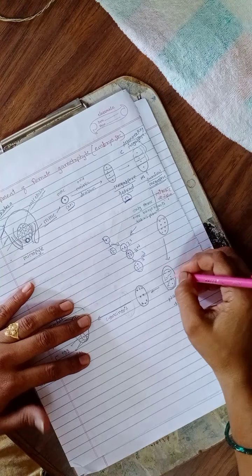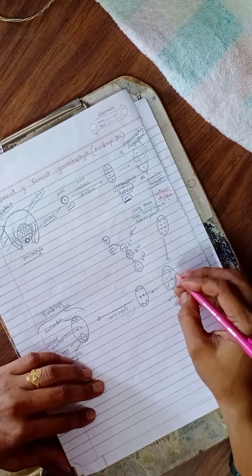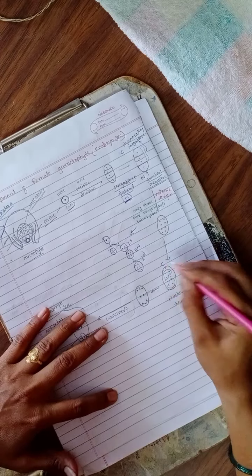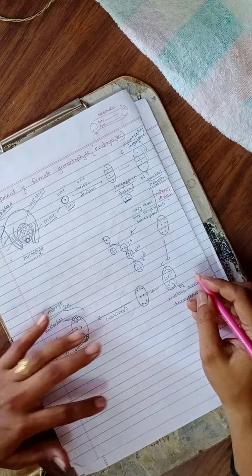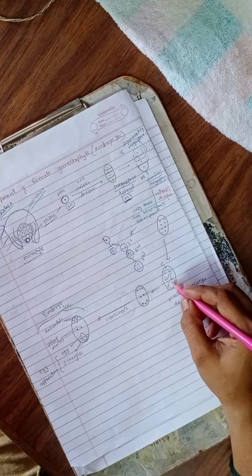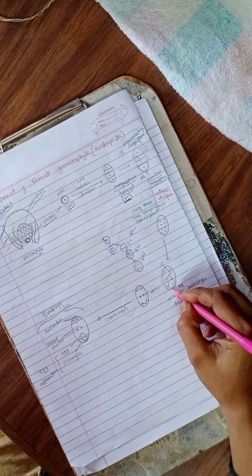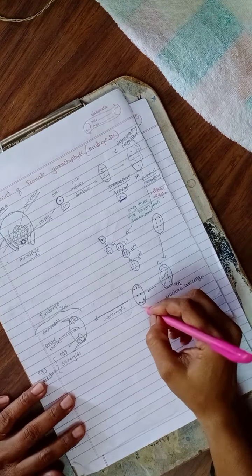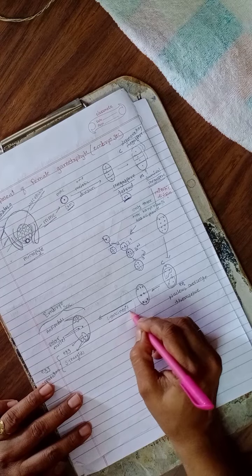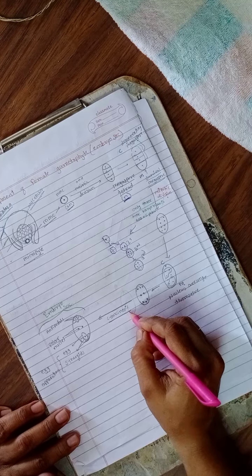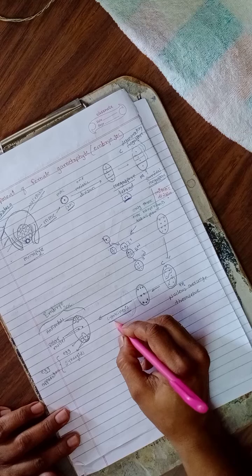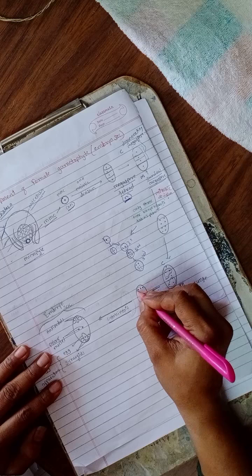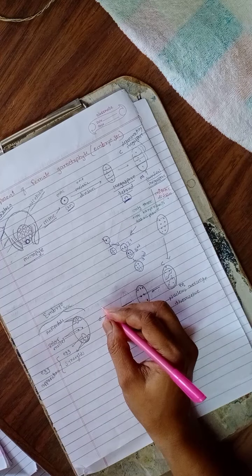Then these nuclei arrange themselves. 3 nuclei go towards the chalazal end and 3 nuclei go towards the micropylar end, and 2 nuclei remain at the center. After this arrangement, cytokinesis takes place, but it is an unequal division. Cytokinesis means division of the cytoplasm, and the cytoplasm goes around each nucleus.